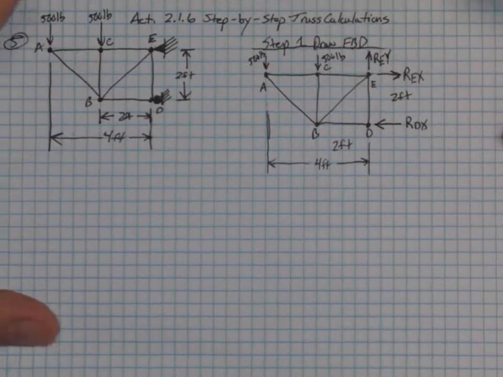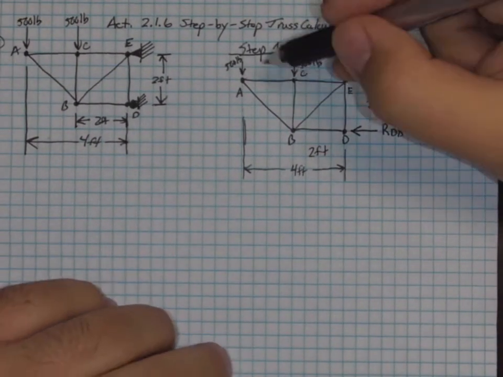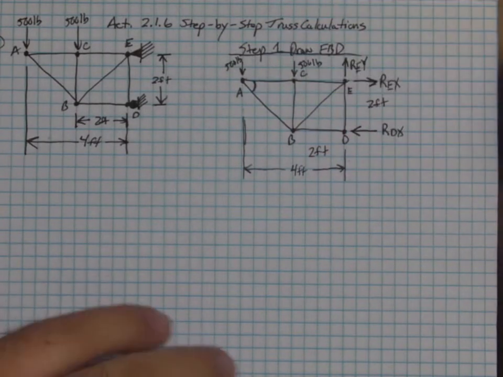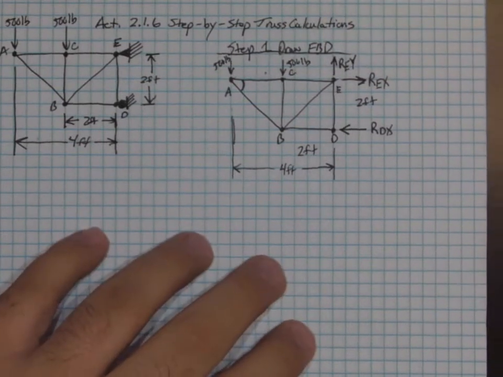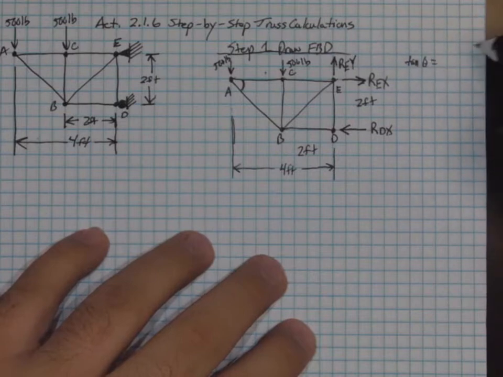The only thing we're going to be missing as I scoot the paper over is we may need to know some of the angles. So in this case, I may need to know this angle, and as I look, I know the opposite side, I know the adjacent side. So very similar to how we did before, we're going to use tangent of theta is equal to opposite over adjacent.